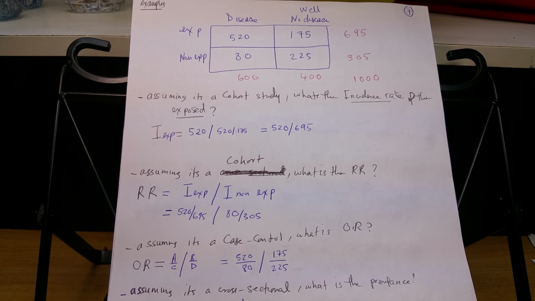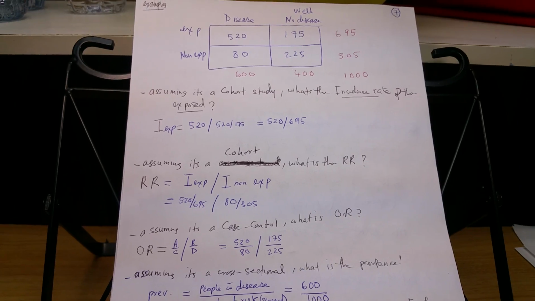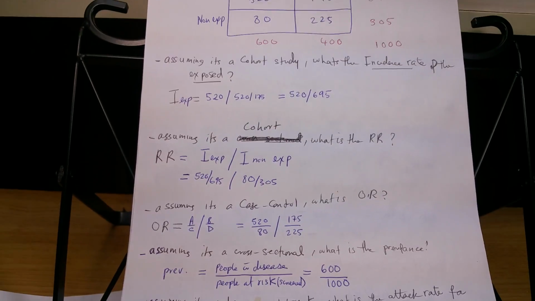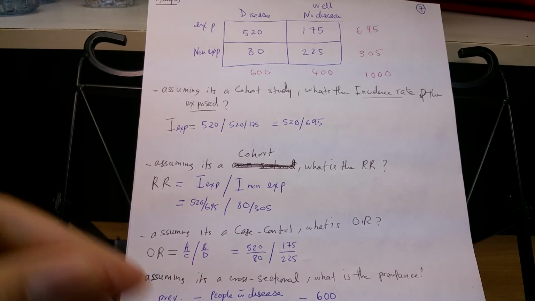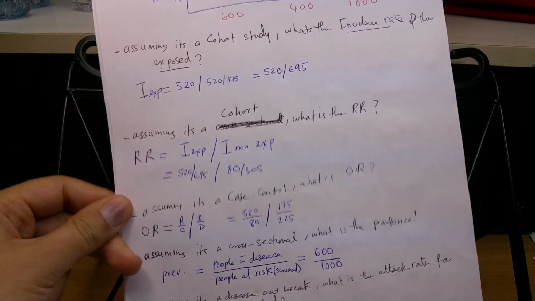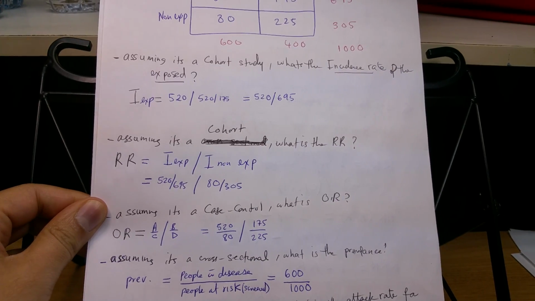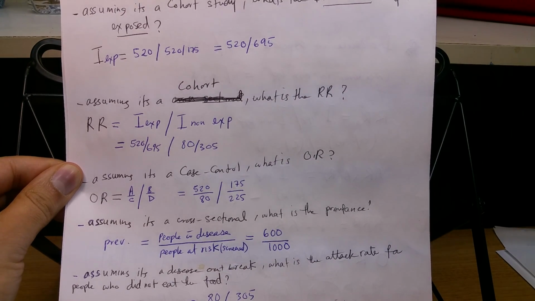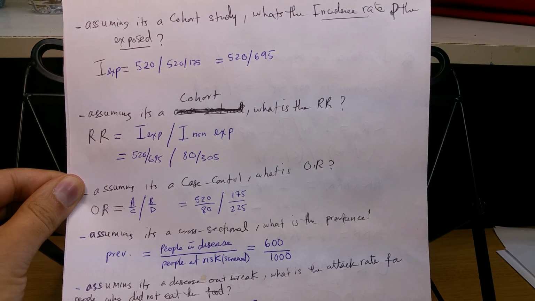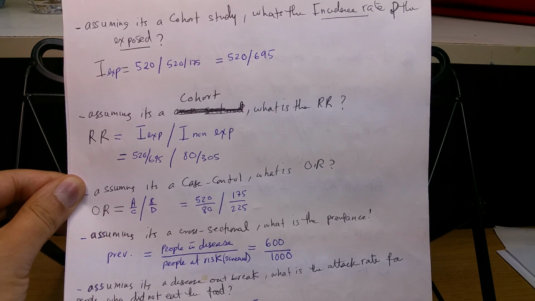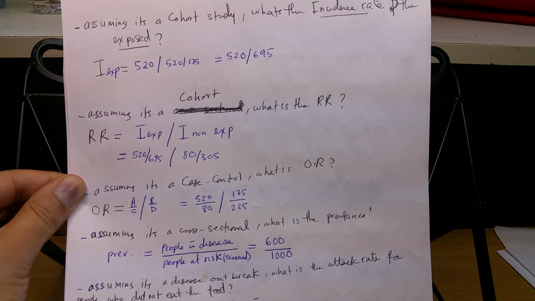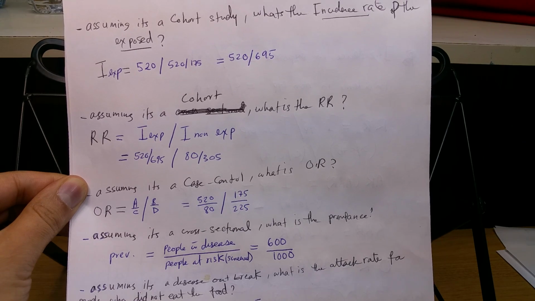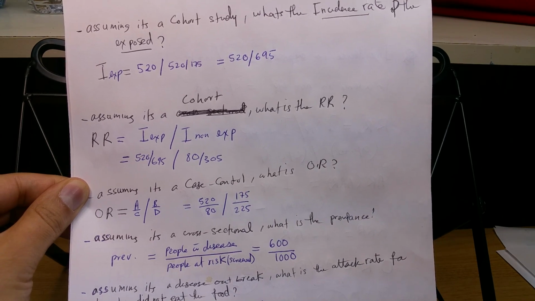Assuming it's a cross-sectional study, what's the prevalence? The prevalence is the people with the disease divided by all people at risk, or all screened people.